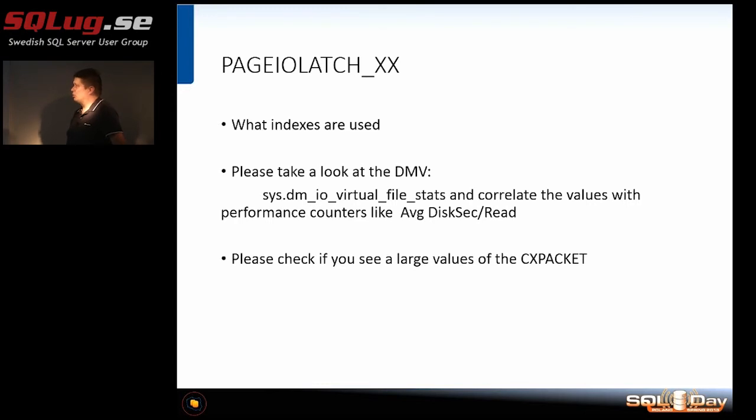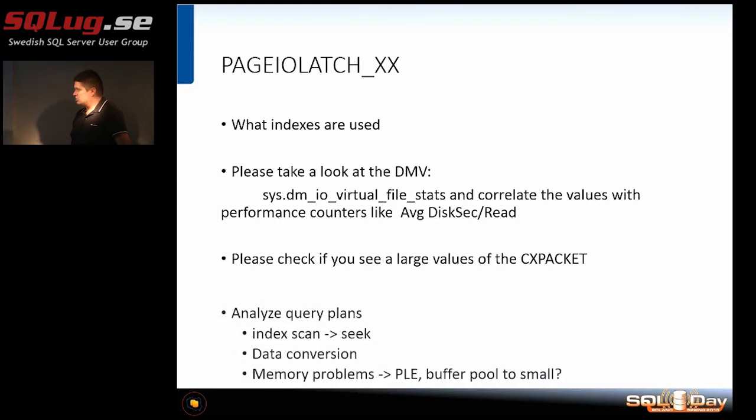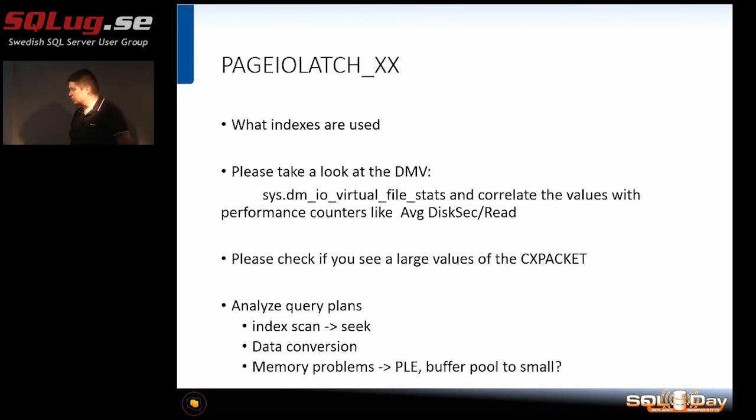CXPACKET plus PAGEIOLATCH means that we are doing a parallel scan, which is a pretty obvious situation, unfortunately. What indexes are used? Probably we are scanning a table and we should seek the table. So probably previously we designed an index which should do a seek. However, during that time we are scanning. For example, we are not seeking on the non-clustered, but we are scanning the clustered index.